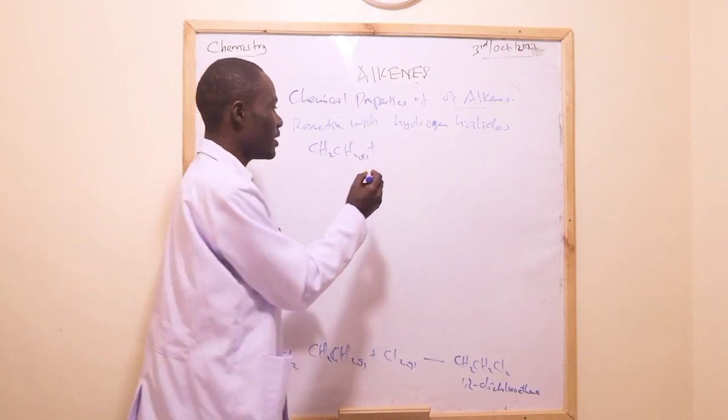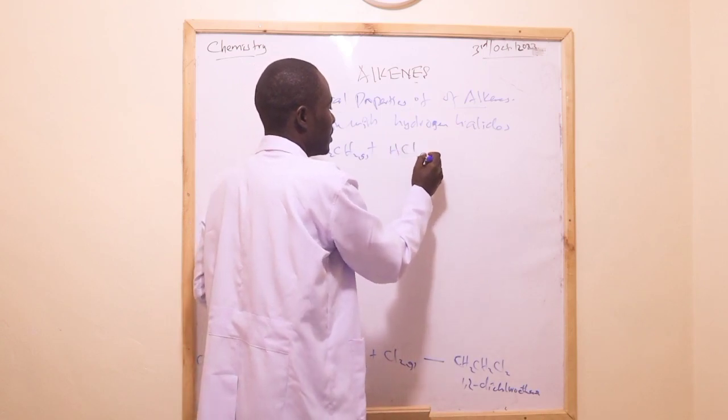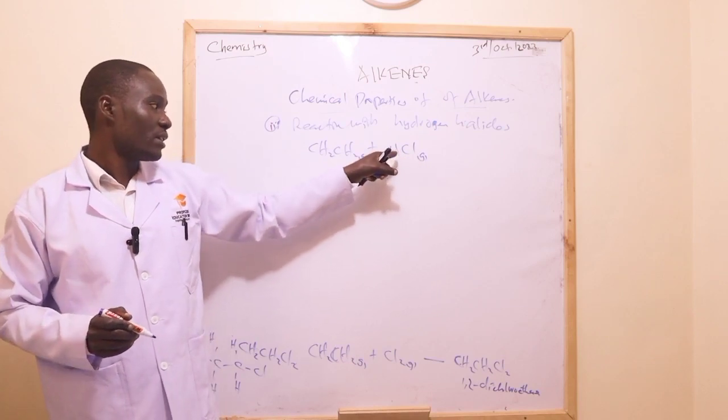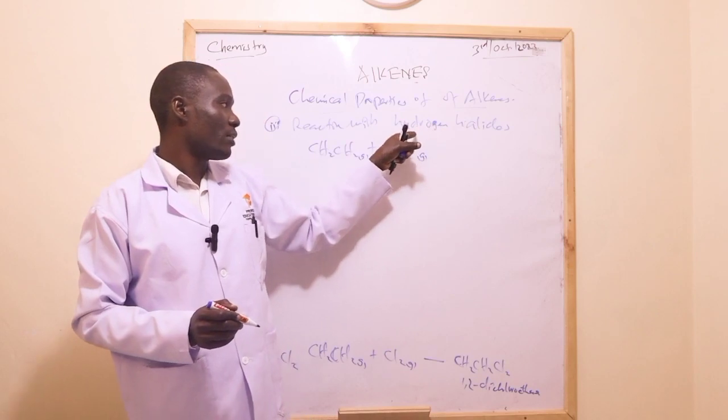Maybe hydrogen chloride, HCl(g), because it is in the gas state, it's never in liquid state. So it is the first member when chlorine forms a hydrogen halide.